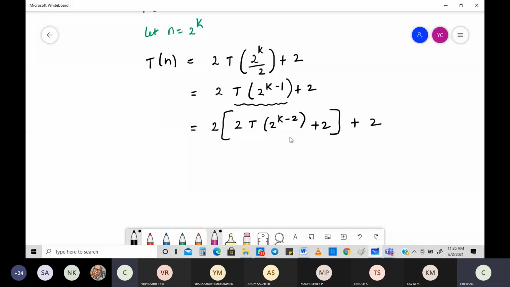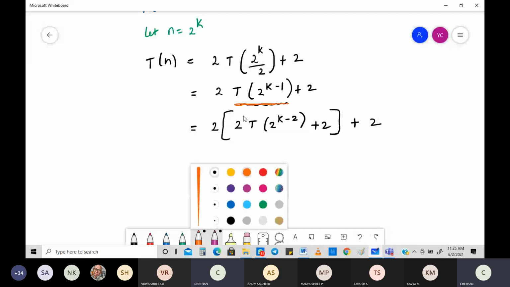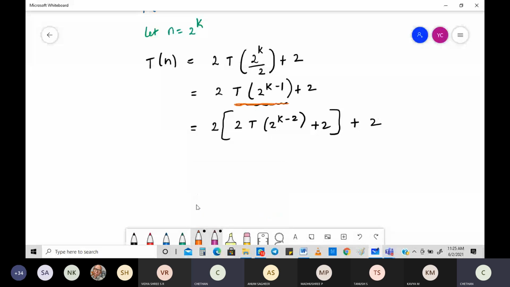See what I have done, I have not done anything new. Please keep that in mind. I have substituted for this, that's all. Nothing else I have done. So 2 will remain 2 here. No other change.